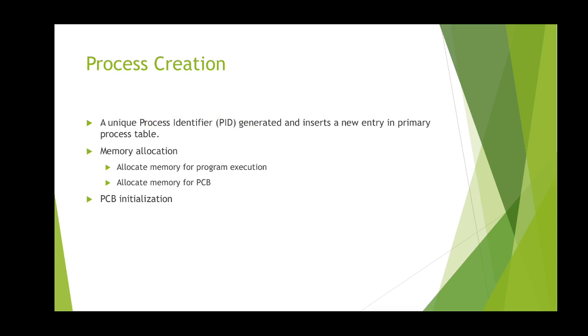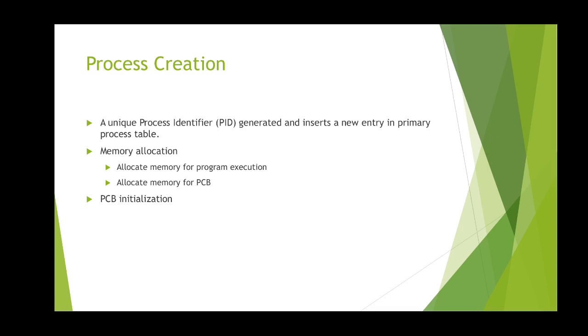During process creation, a unique process identifier is generated and a new entry is inserted in the primary process table. This primary process table contains all the processes present in the system.